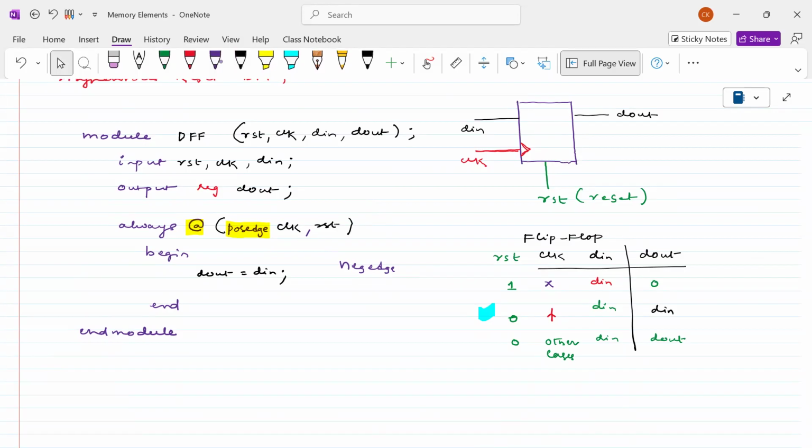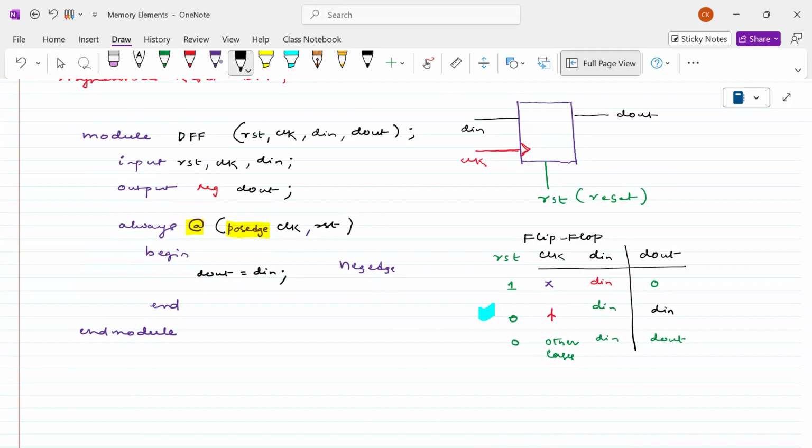But actually, this is what we normally see in this particular structure. One is a positive edge, the next one is level sensitive. No positive edge means it is level sensitive. If I'm not writing this edge, it means it's a level. Okay, the sensitivity should not be like this.